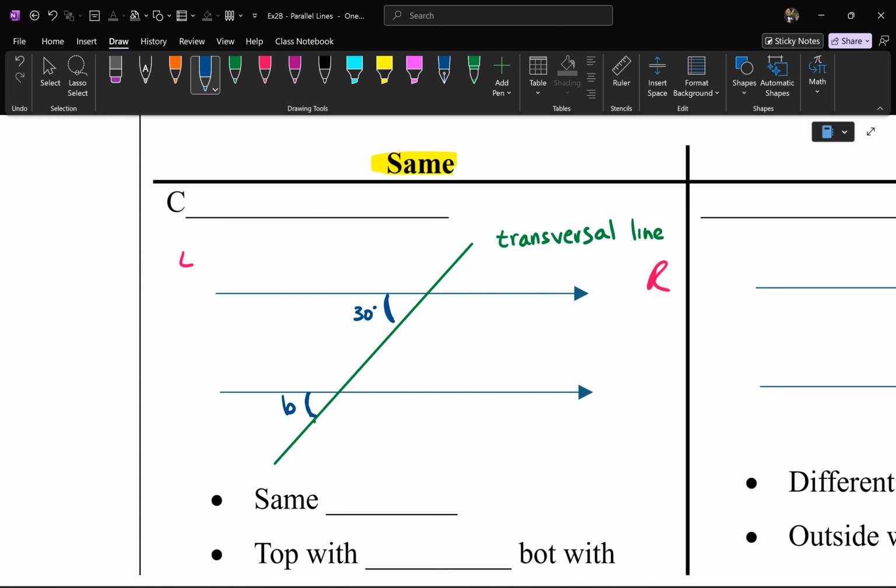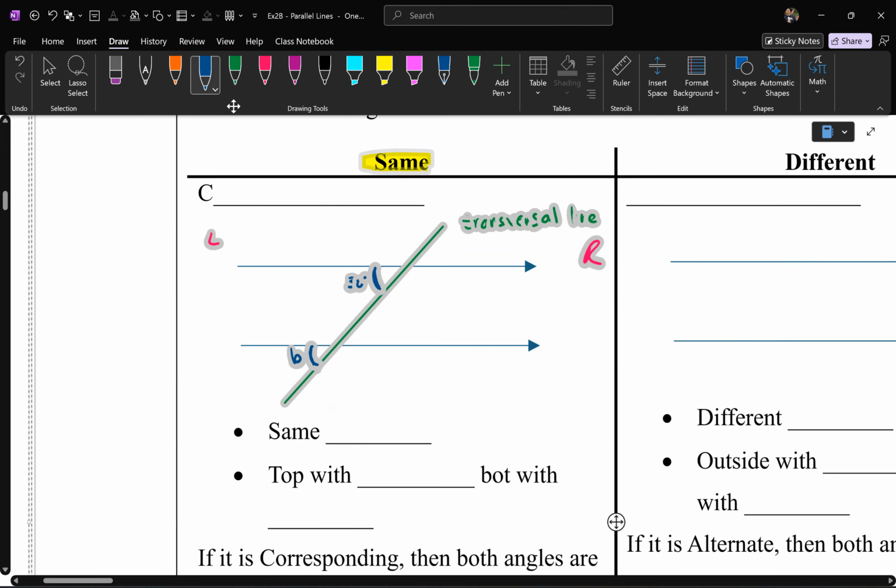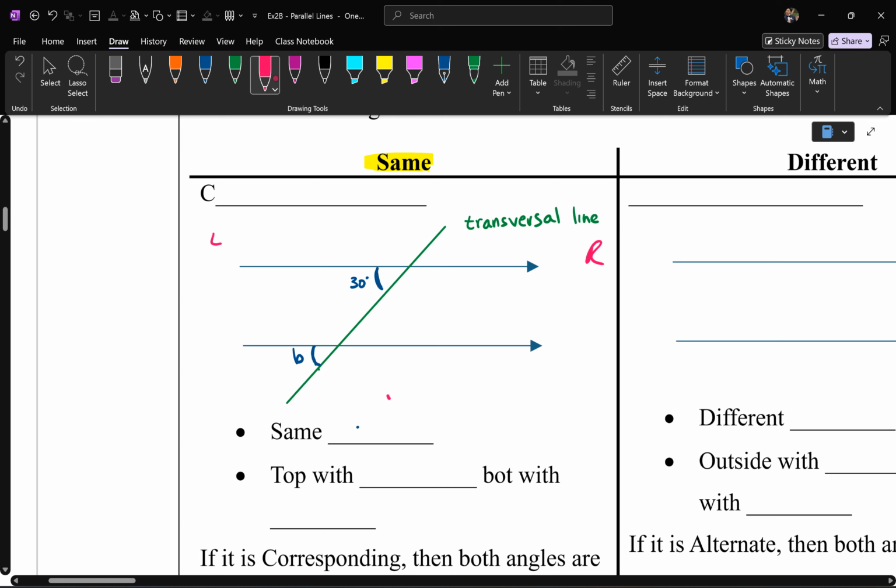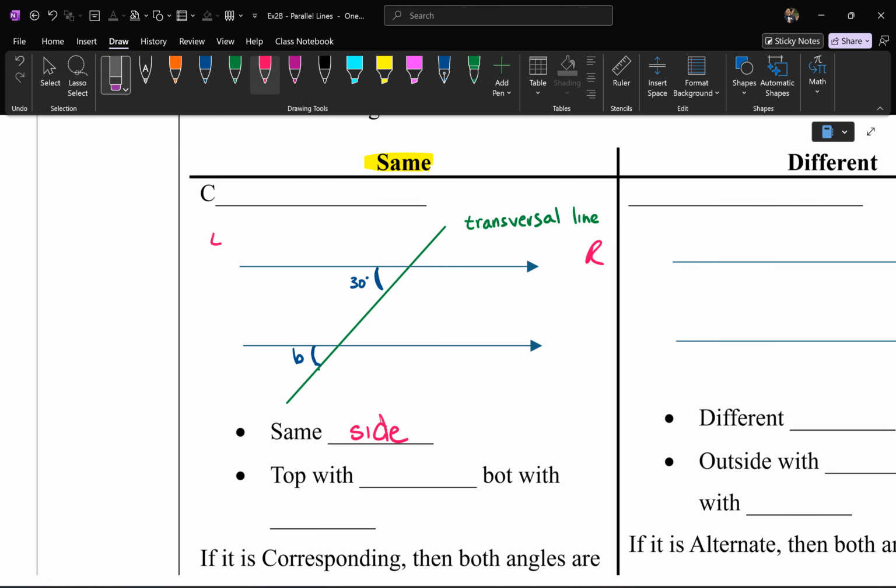If they're both on the left side, so same side, so underneath, I want you to write this down. So if they're both on the same side, which they are, the next property is top with top and bottom with bottom.